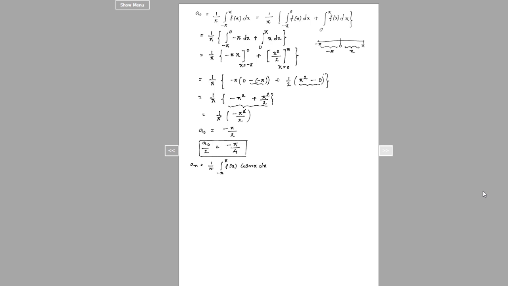Now as I told you, split the interval, so minus pi to 0 f of x cos nx dx plus 0 to pi f of x cos nx dx.